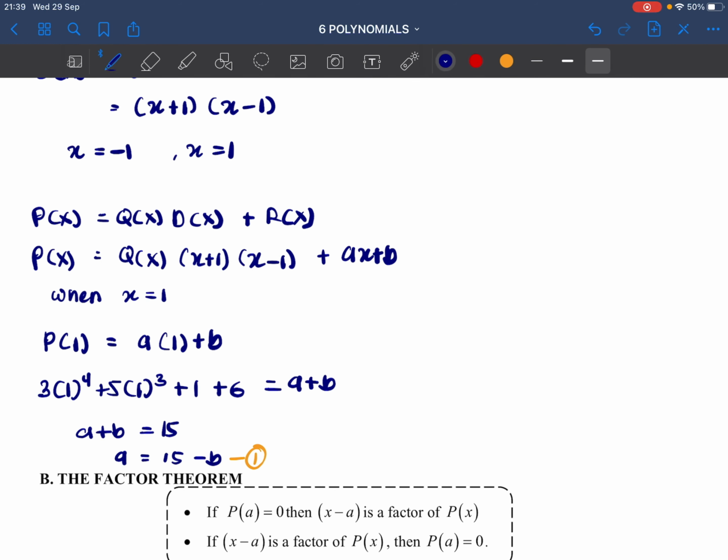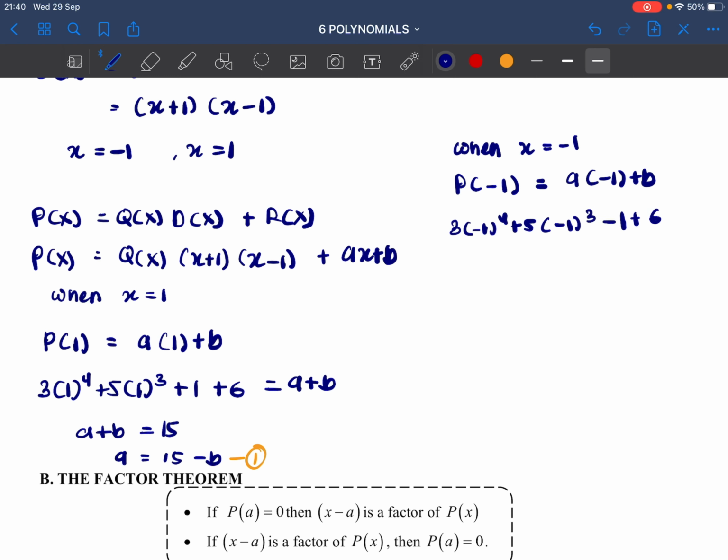So we will have, when x equals negative 1, just substitute, we're going to have P(negative 1) equals ax plus b, so we will have a(negative 1) plus b. So just substitute into the polynomial again: 3(negative 1) to the power 4 plus 5(negative 1) cubed plus negative 1 plus 6 equals negative a plus b.